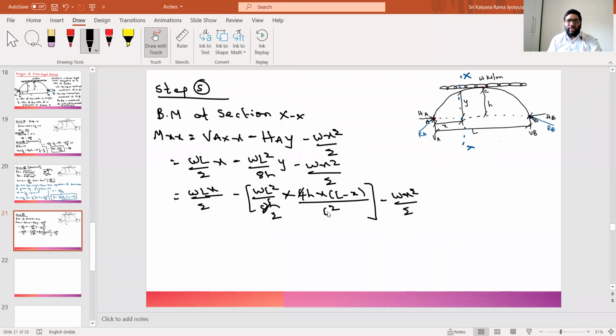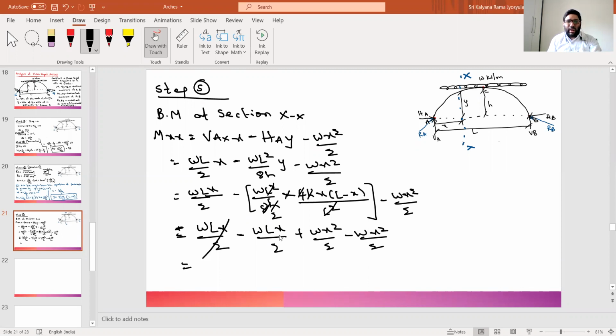So you see here, L square gets cancelled, and H also gets cancelled. So WLX by 2 minus WLX by 2, minus of minus plus WX square by 2 minus WX square by 2.